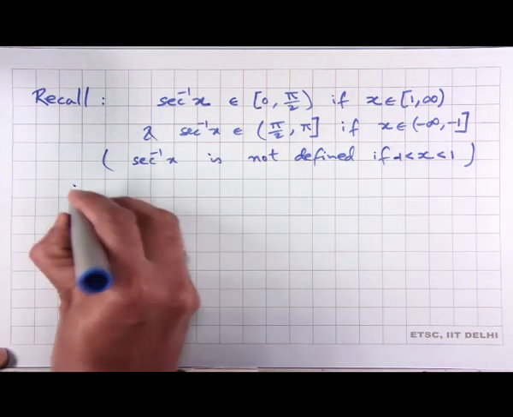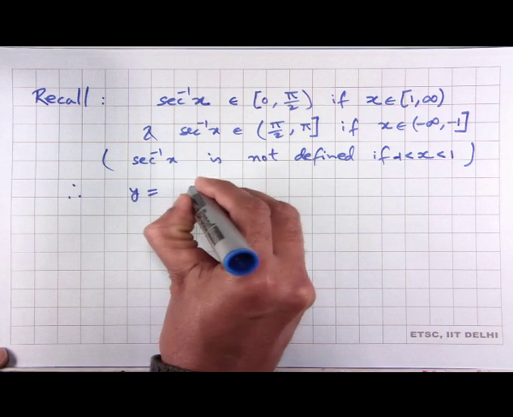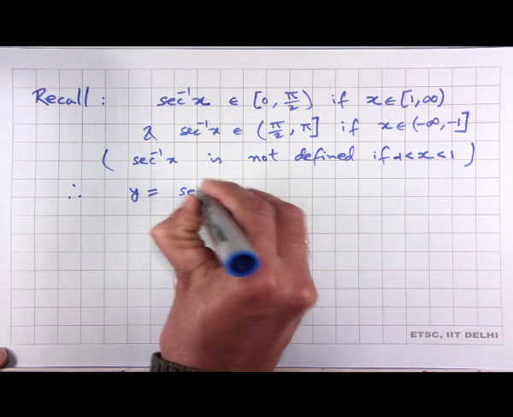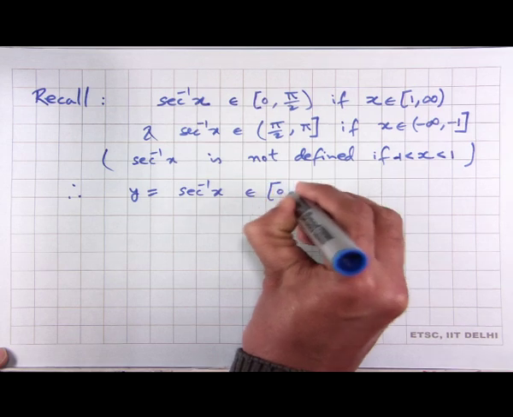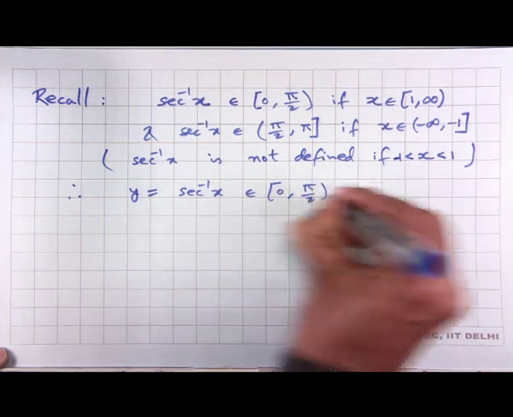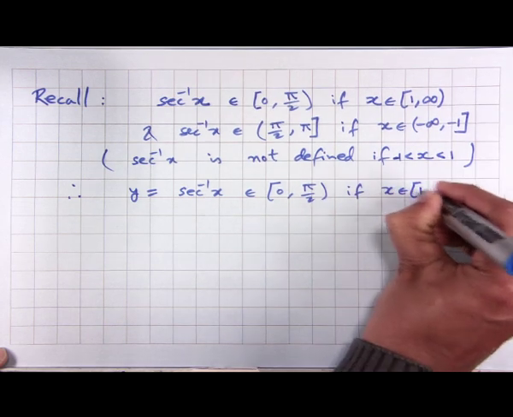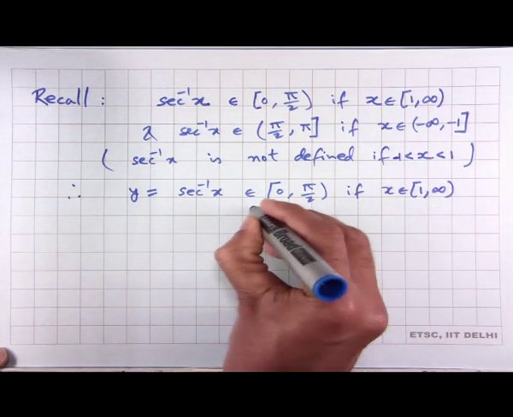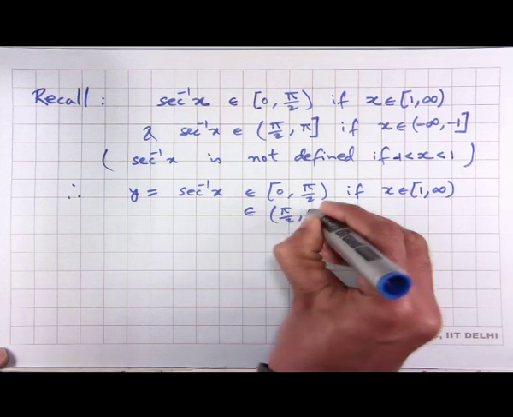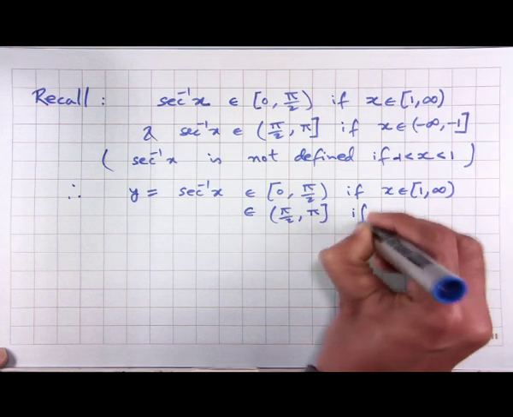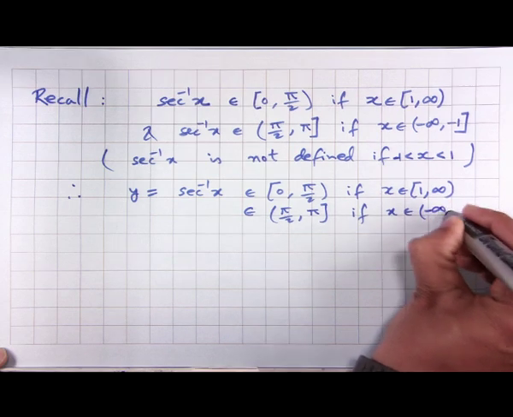So, therefore, y is equal to secant inverse x. This we got that this is in 0 to pi by 2 if x is between 1 and infinity, and this belongs to pi by 2 to pi if x is less than or equal to minus 1.